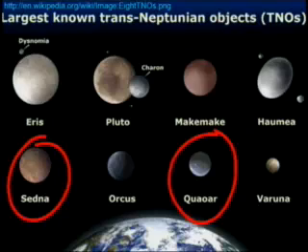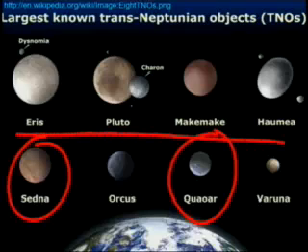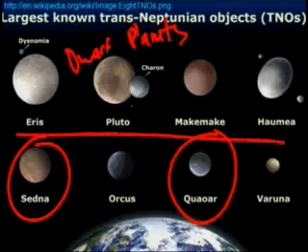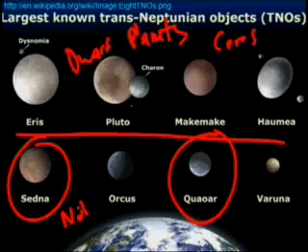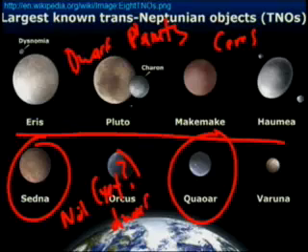They may be nominated into or promoted into dwarf planet status. But right now, these are the dwarf planets as of today, along with Ceres. And these are not yet, question mark, dwarf planets.